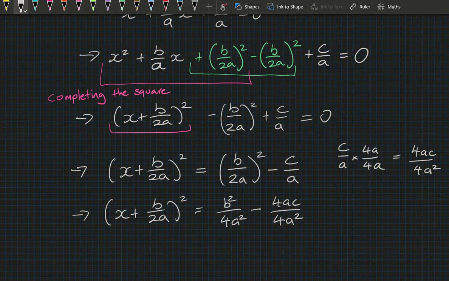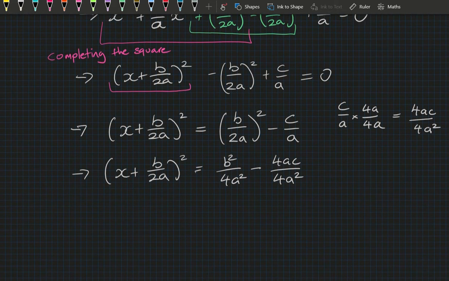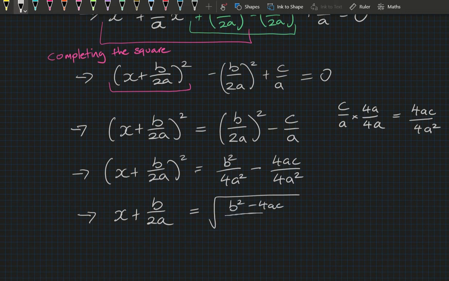So the next step from here is to take the square root of both sides, and that will get rid of the square on the left, right? So the square root of the left is just x plus b on 2a. But on the right, we've got all that stuff there, so we have to take the square root of the whole thing. And also note that I've just written it on the same base because those things were on the same base.